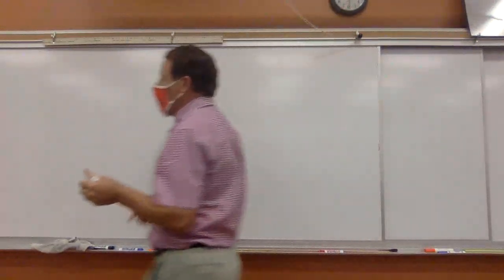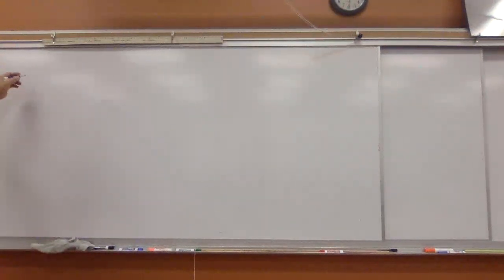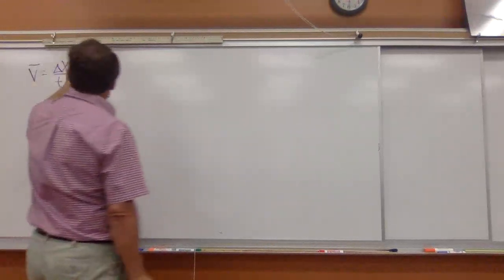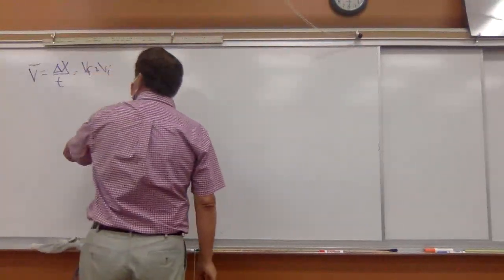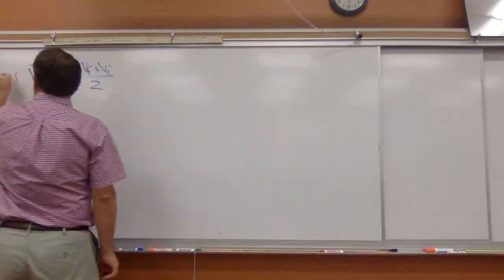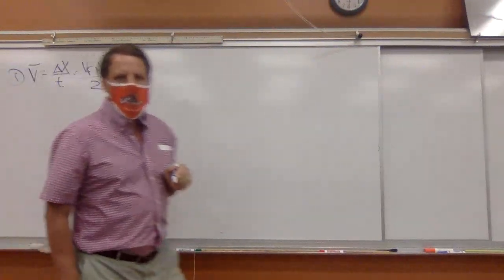In the equations that I've given you, we said average velocity is equal to change in position over time, which is equal to v final plus v initial over 2, and we call that equation number 1.